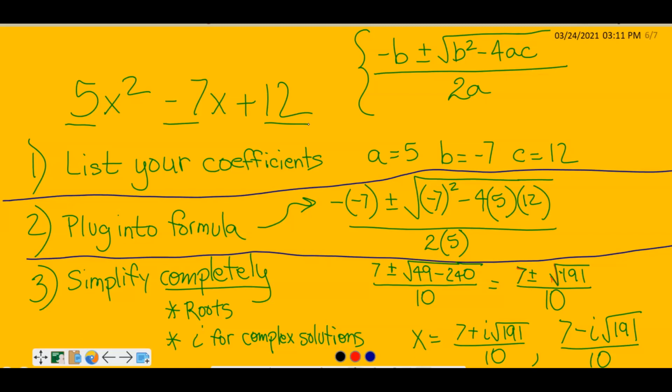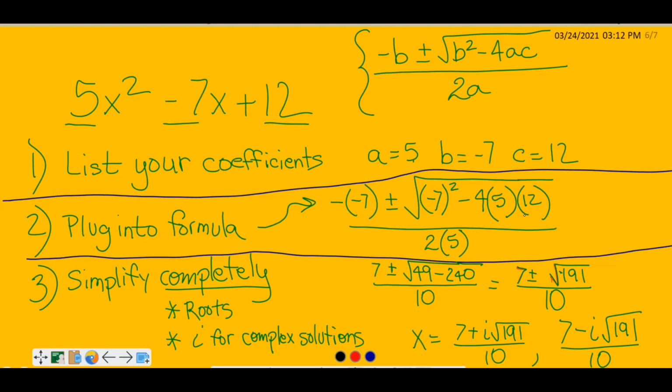So I plugged negative 7 in for B. Notice how that's going to make that number positive. Okay, that negative belongs there. You can't change it. You're plugging numbers in. Plus or minus the square root of negative 7 squared minus 4 times A, which is 5, times C, which is 12, all divided by 2 times 5.